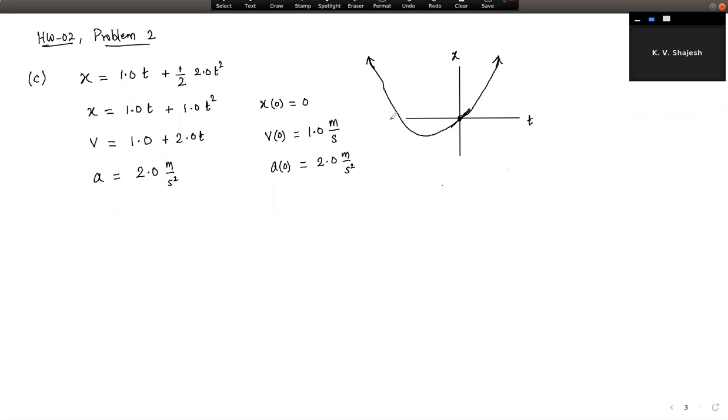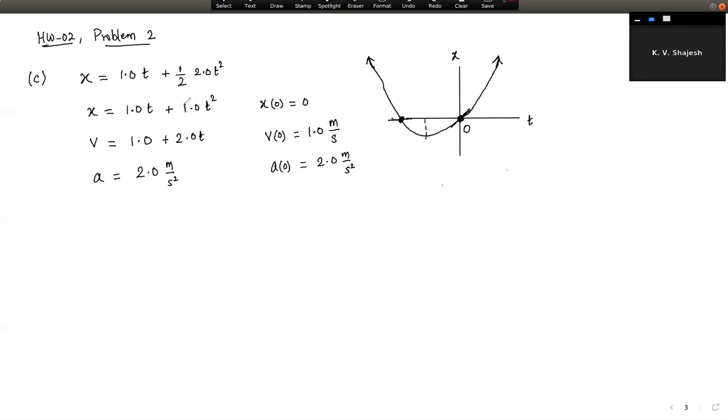And the moment you say that's your plot, we have to specify the characteristics of this. We should ask, what is this? That's t equal to 0, sure. But what is this point? So that's a characteristic of the plot. Where does it cross? And further, we should be able to convey at what point does this turn, right? Those are the characteristics of the plots. How do you find when it crosses the x-axis?